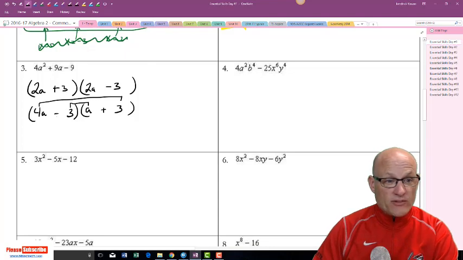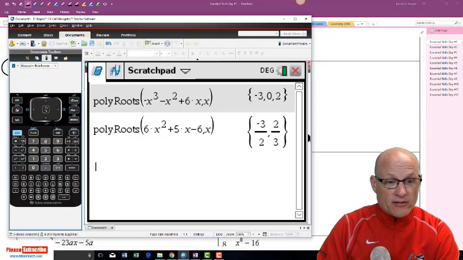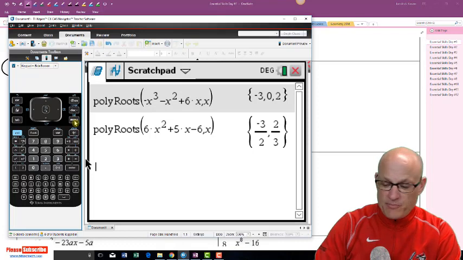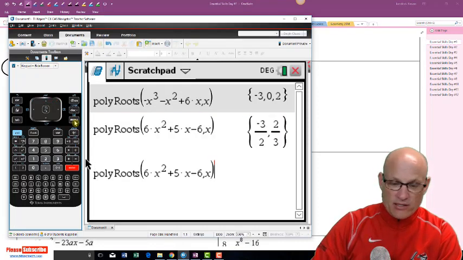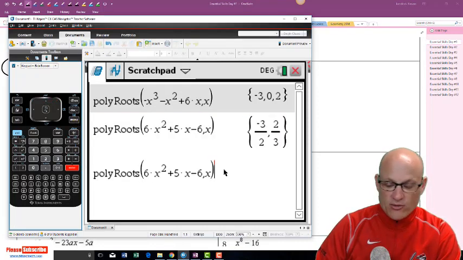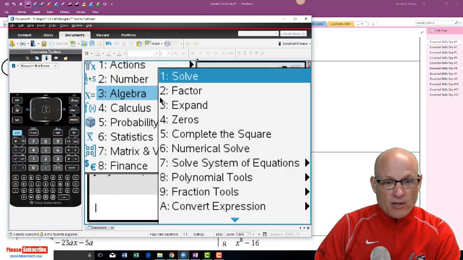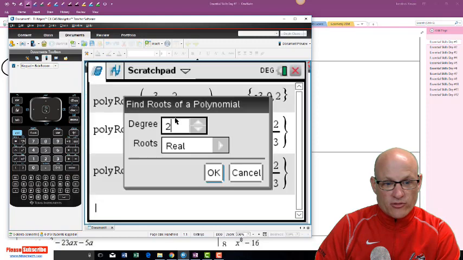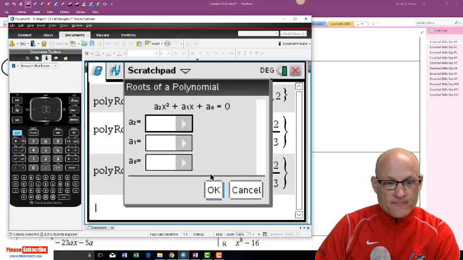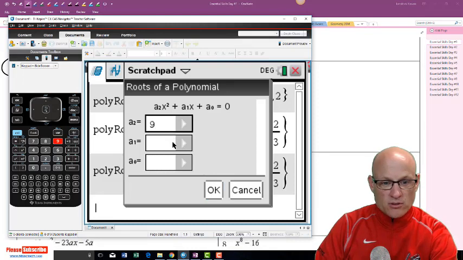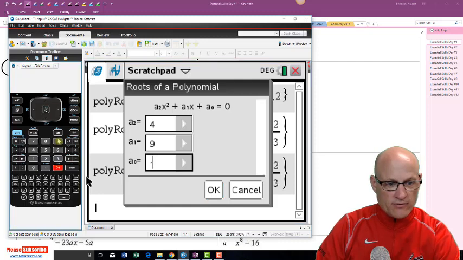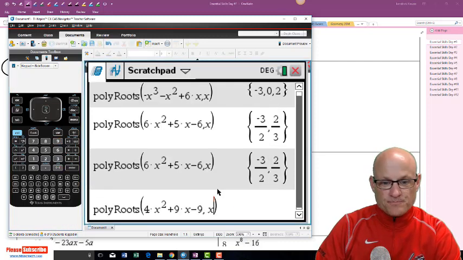Now, once again, let's just check using a calculator. And by the way, once you have all this up, I can do it this way, or I can just go back into Menu, Algebra, Poly Tools, and solve a system of equations, still positive. And what were my numbers? 4, 9, and negative 9. Click OK.